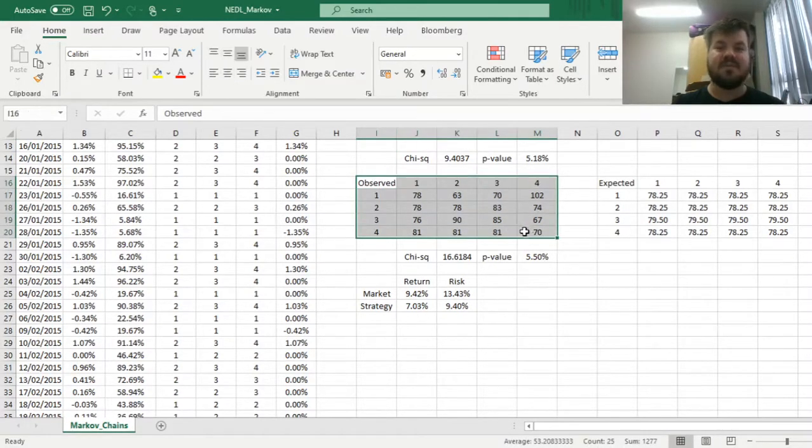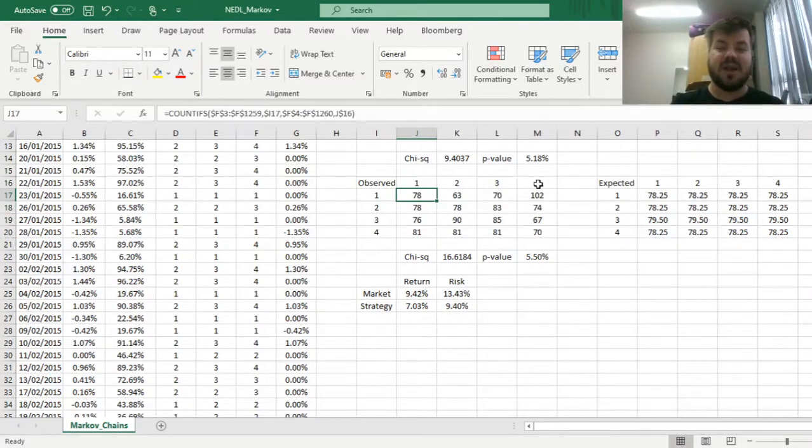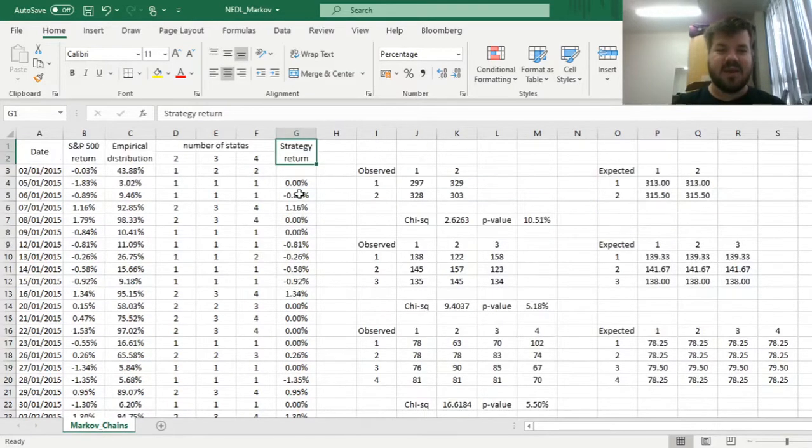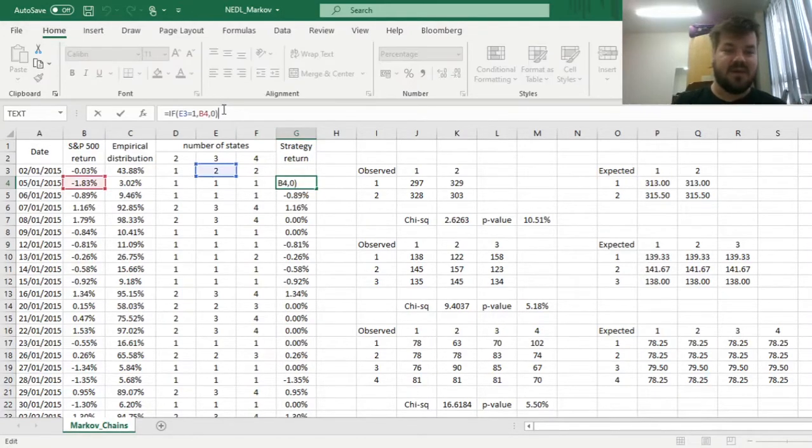If we look at the example with 4 states, we can see that here the case that the market is more likely to go up by a lot after it fell by a lot is even more prominent. You are much more likely to transition from state 1 into state 4 than all other 3 states. So we can apply this logic and simulate another strategy by just tweaking it a little bit and referring to a different column.